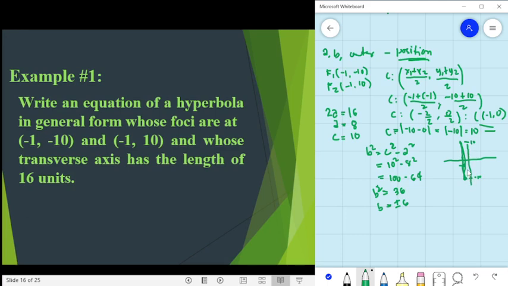So that is why, since it is parallel to the y-axis, the y minus k term is positive. So meaning, our B here is 6. We will use this for the equation.